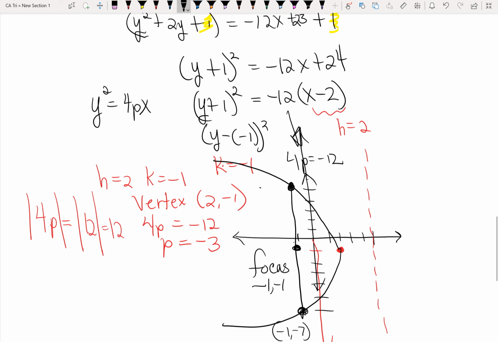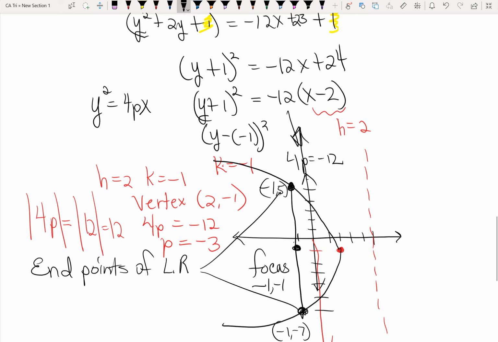So this endpoint, negative 1, 5, and negative 1, negative 7. So those are the endpoints of the latus rectum. I'm just going to put LR, those two. Okay? And that's just an identifier.